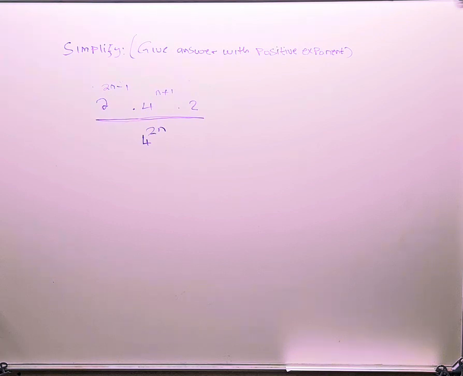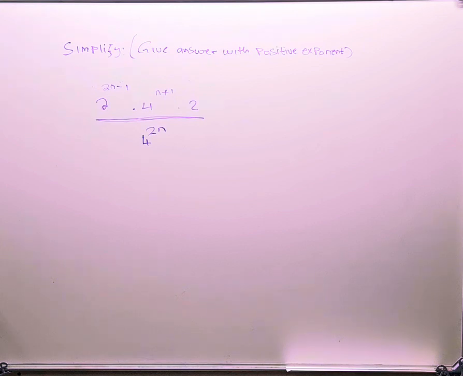Yes, they give 2 to the power of 2n minus 1, times 4 to the power of n plus 1, times 2 to the power of 1. We don't write it normally, but it is there. Over, divided by 4 to the power of 2n.